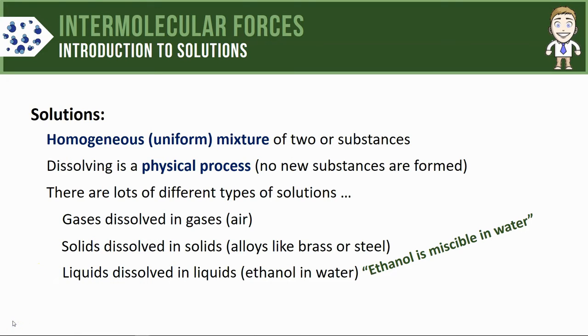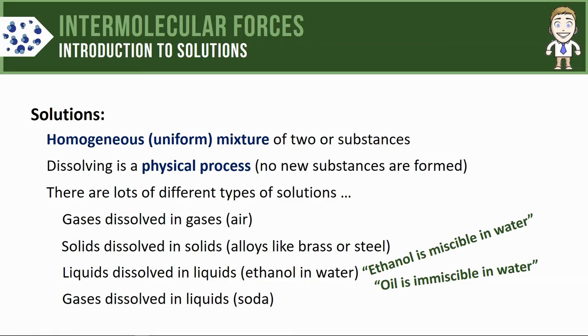For this type of solution, there's actually some special terminology that exists. Since the ethanol is soluble in the water, one of the words you might see is that ethanol is miscible in water. It simply means that the ethanol will dissolve. For two other liquids that don't mix, like oil and water, the proper way to say it is that oil is immiscible in water. You can also have gases dissolved in liquids.